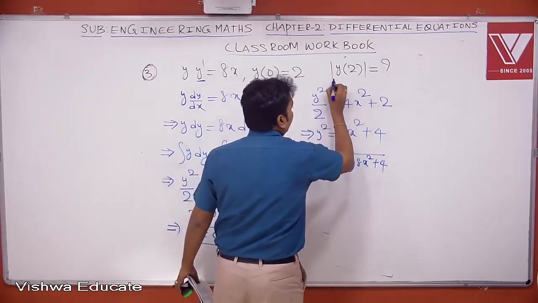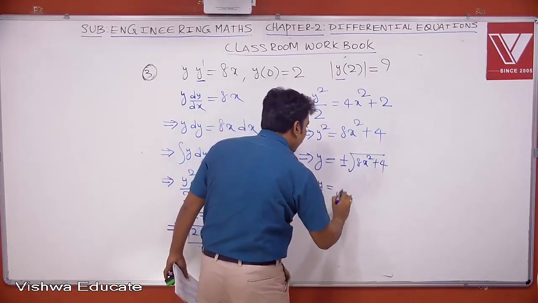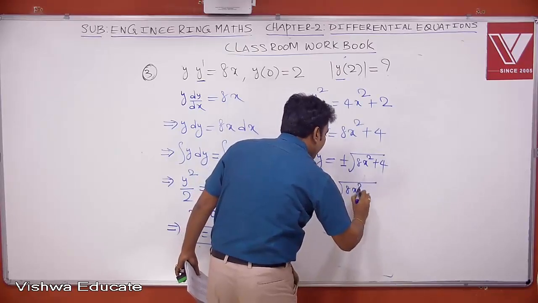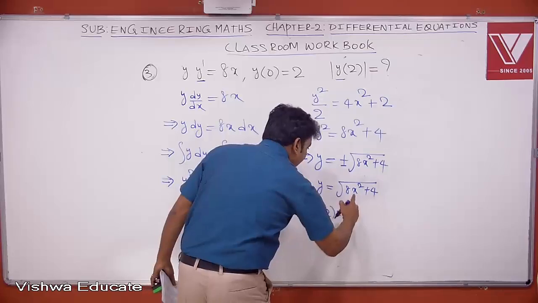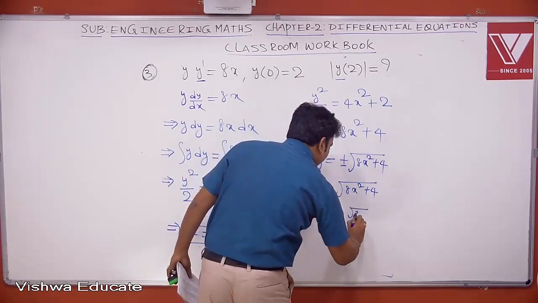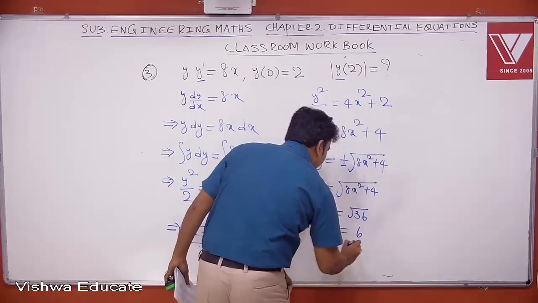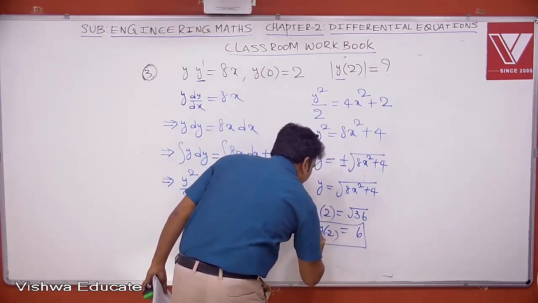Since they were expecting the modulus value, it is the positive value only. Therefore, I can take y equal to square root of 8x square plus 4. So y of 2, replace x by 2: 2 square is 4, 4 eights are 32, plus 4, square root of 36. So the answer is 6. Therefore, the final value, that is y of 2, is 6.